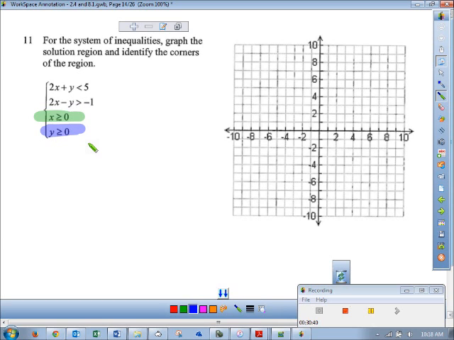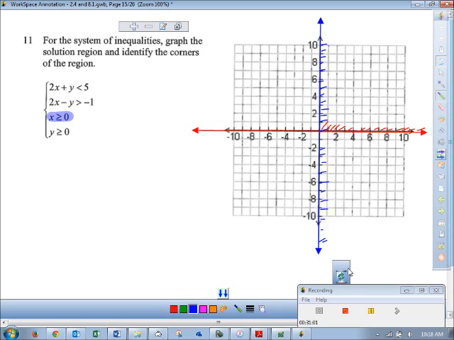They are not oblique. Tell me about that green one right there. Horizontal or vertical? Vertical line. So, boom. That's the blue one right here. It's x equals 0. And since that's x greater than or equal to 0, that's why I have some light shading to the right.